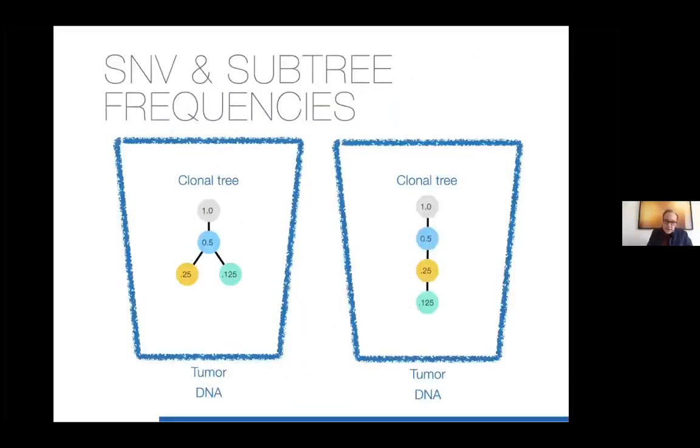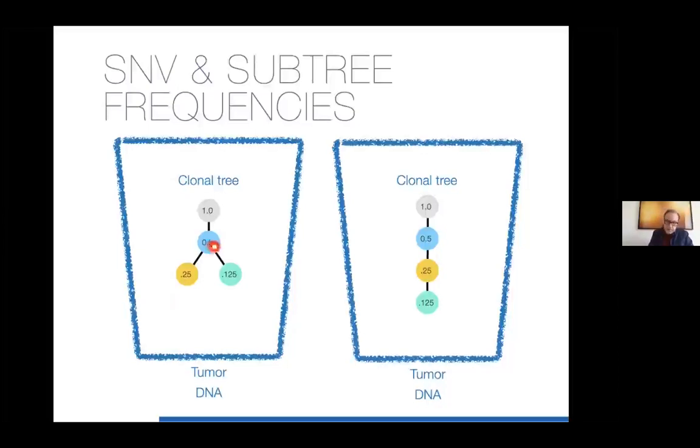In the example, I will consider two different possible tumors, one with this clonal tree and one with this clonal tree. In both these examples, the figures on the vertices of the tree are the frequency of that subtree.